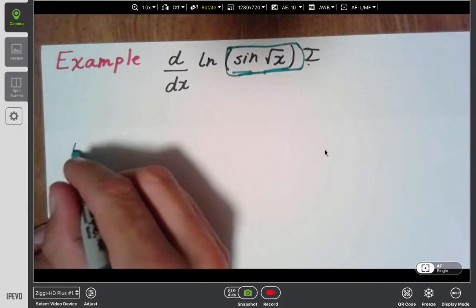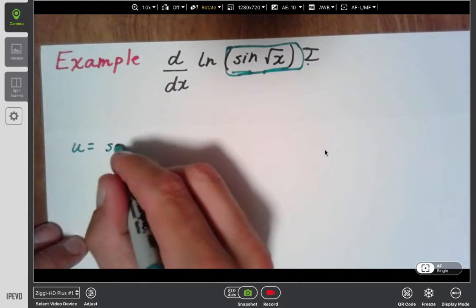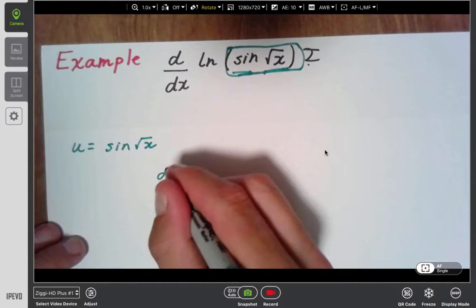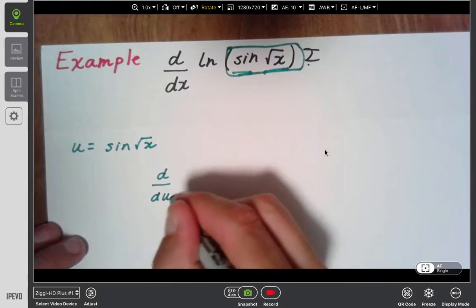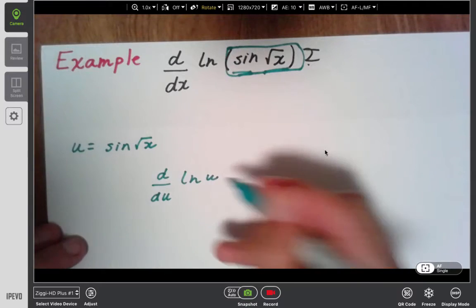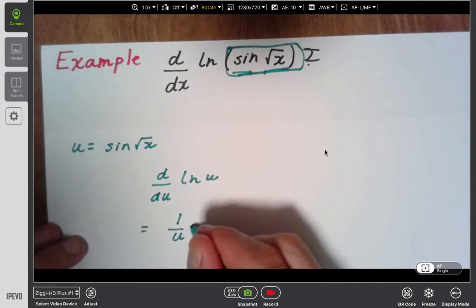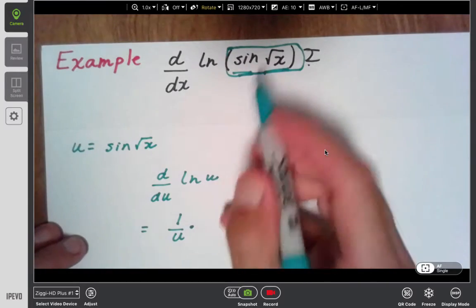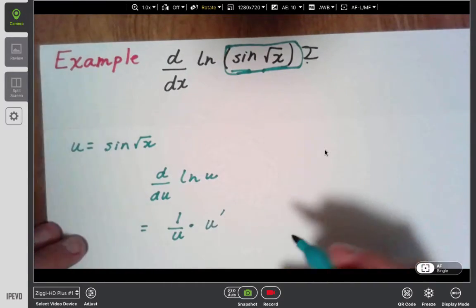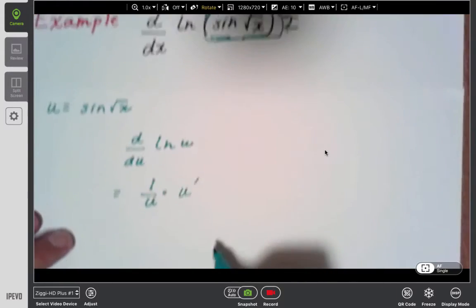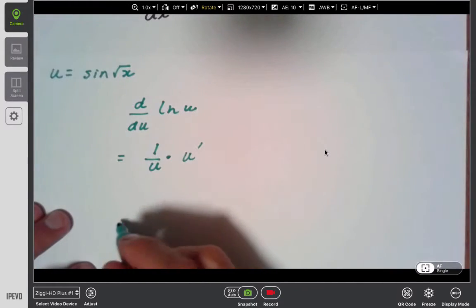So let u equal sine of root x. That means we're taking the derivative of ln of u, which is going to be 1 over u times the derivative of the inside. The inside we called u, so now we multiply by u prime.